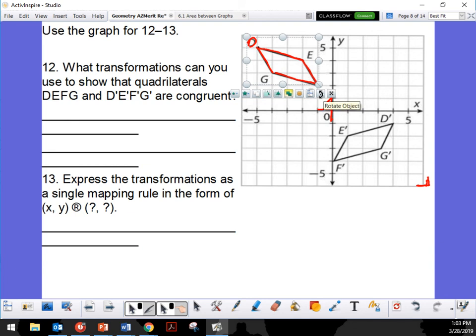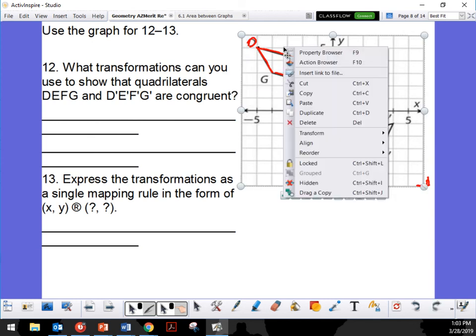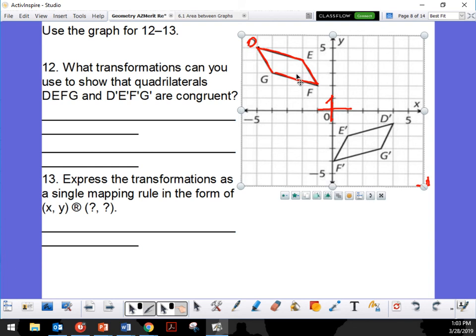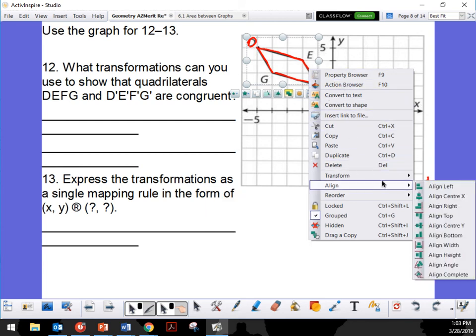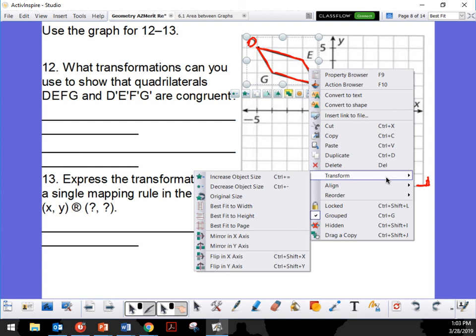I'm trying to remember how. There it goes. Okay, so now we are going to mirror across the x-axis.